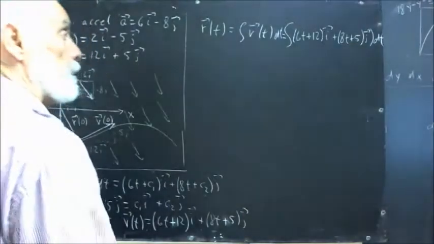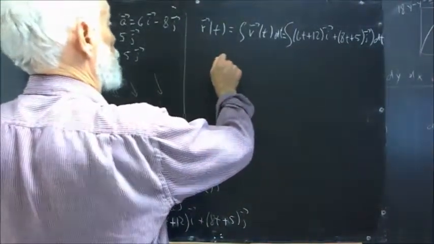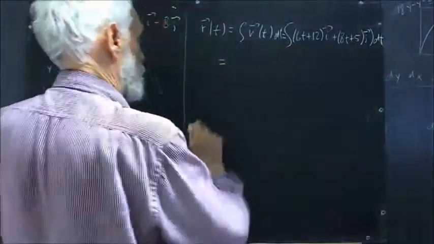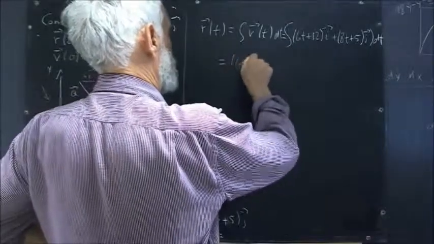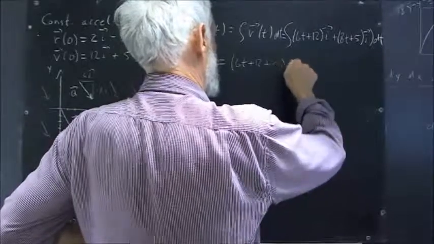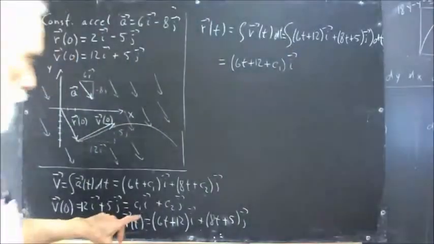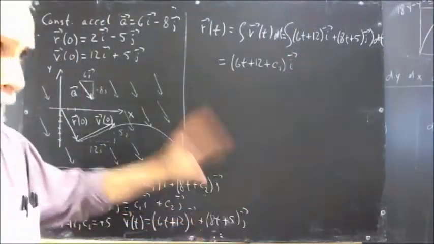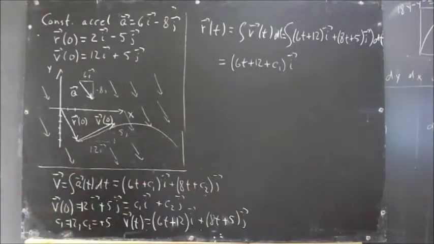Everything's going downhill here. We'll try to straighten that out. Okay, well, that's a very straightforward integral. And we're going to get 6t plus 12. I'm going to use C1 again for my constant because the C1 that I used here has already been evaluated and it's gone now. So we're going to use a different C1 here.